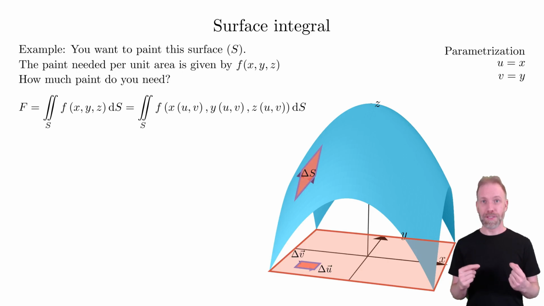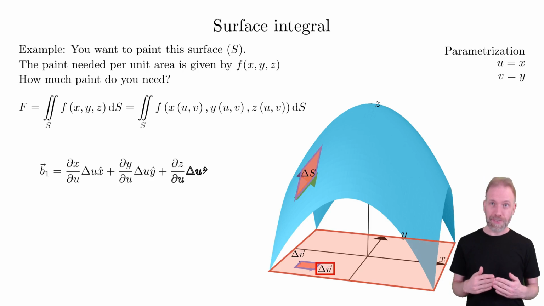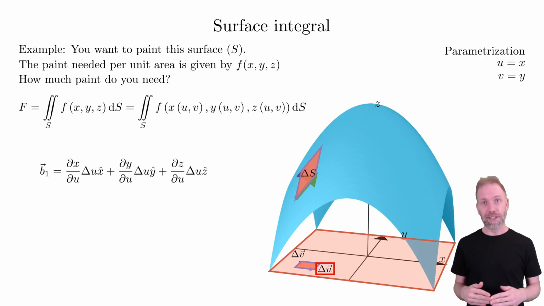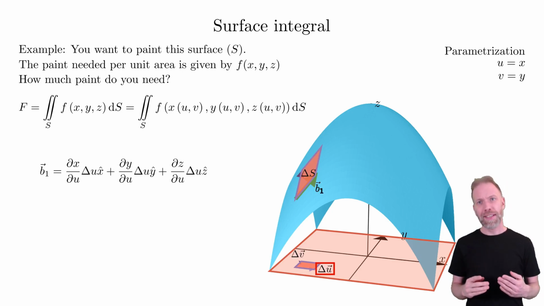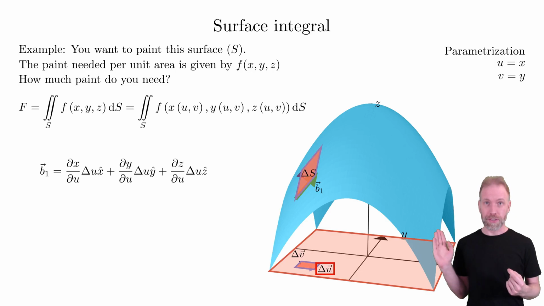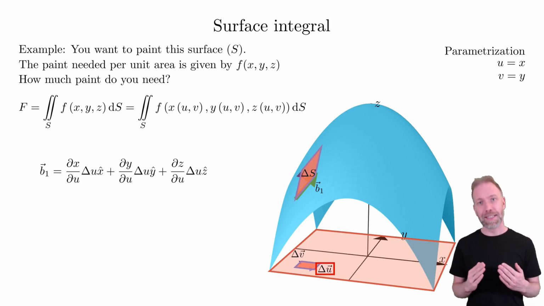The next step is to find the area of the surface element delta s. Start by looking at our step in the u direction, delta u. We did show in the previous video that this will give the following vector b1 after the transform. Looking in the figure, this is the green vector on the surface. We basically take the partial derivative with respect to u as scaling factor.